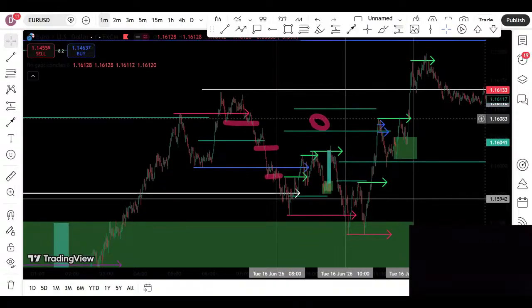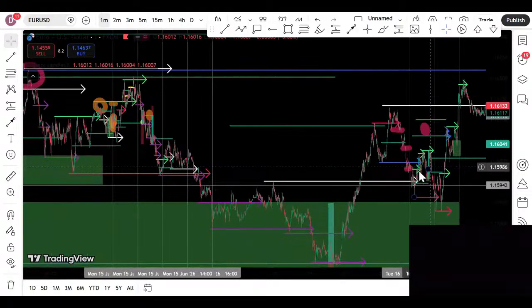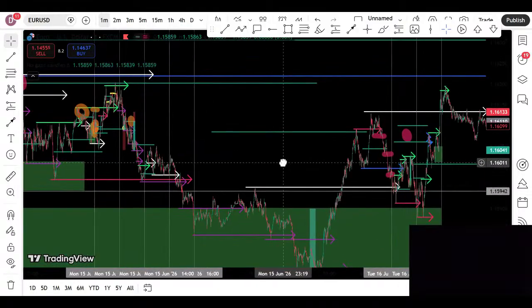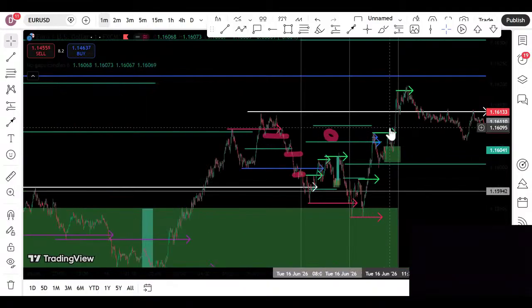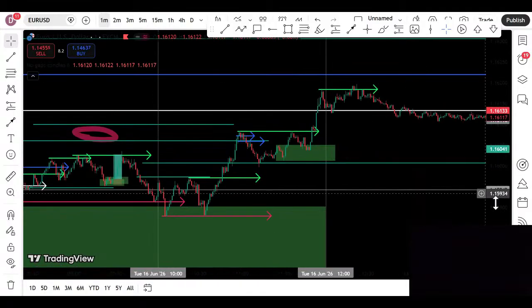Now see, price is going high in this time frame.